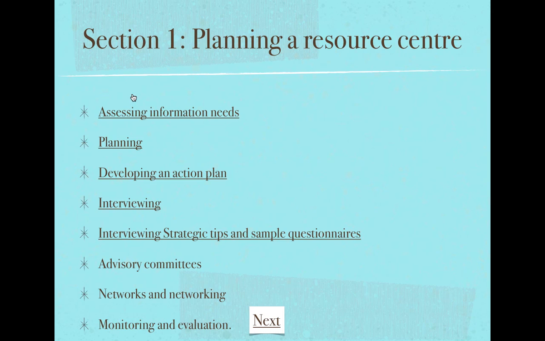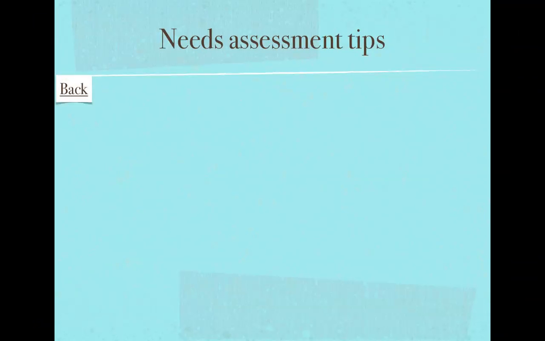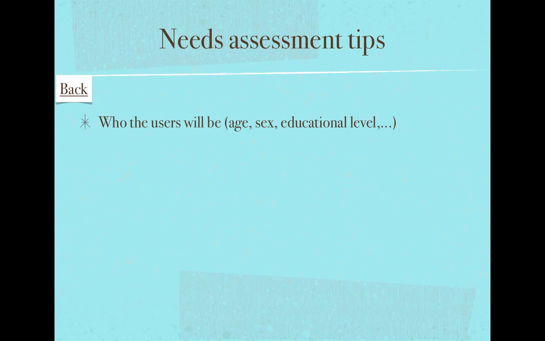Let us go into the first one, assessing needs or information needs. Before you go into your resource center, it is recommended that teachers do some kind of needs analysis before doing anything. How can you do that? You have to find information about who the users will be: the age, the sex, educational level.